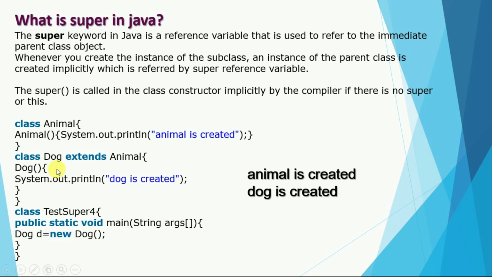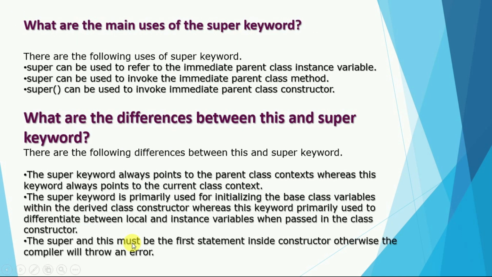The first output is "animal is created" and then "dog is created", because the class Dog extends Animal. The super constructor is called implicitly by the compiler if there is no super or this. So the parent class statement prints "animal is created" first, then the Dog class string prints. Okay, I hope you understood.